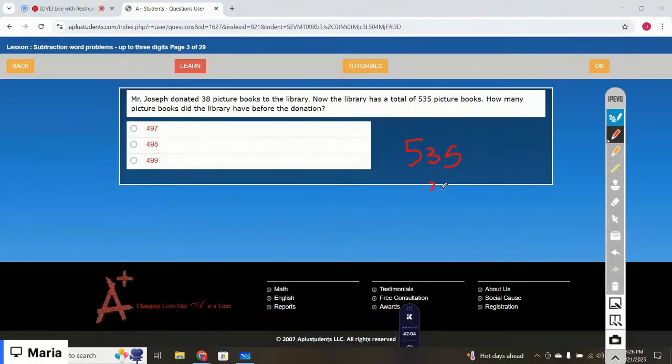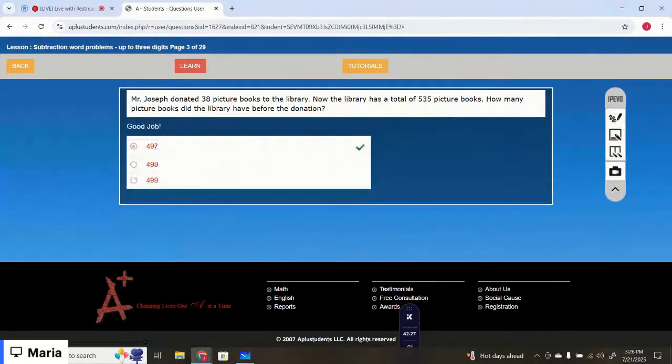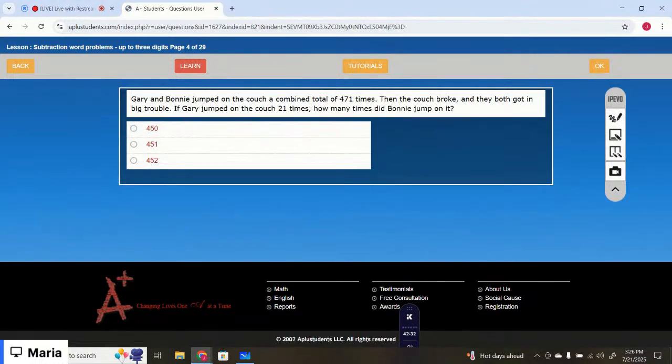So subtract 38, we need to borrow 1, that makes 15. 15 take away 8 is 7. Here you have 4 and borrow 1. 12 take away 3 is 9 and 4. That is 497. Option number 1 is the correct option. That is 497.